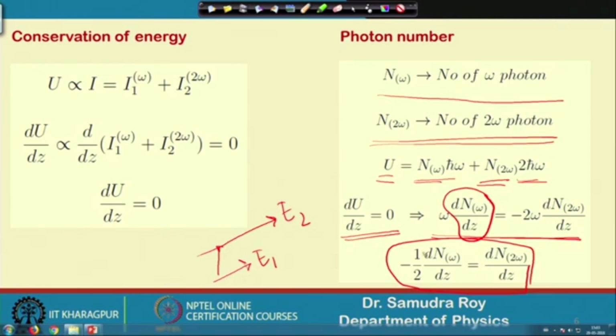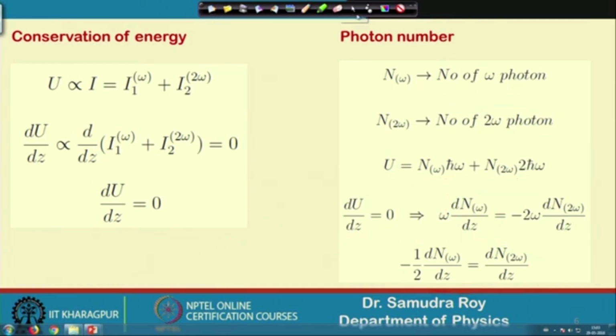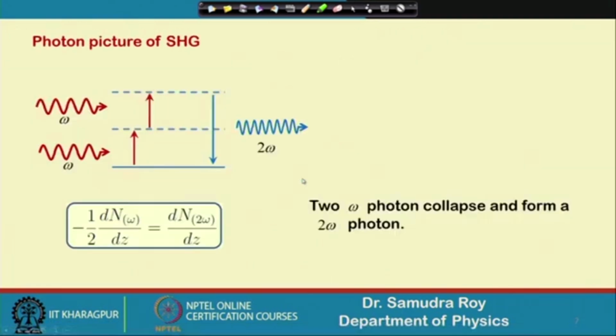So, this is the change in the number of photons for omega frequency, and we take half of that. The negative sign means it is reducing. The rate of gain of 2 omega photons is half of that, and that is true because 2 omega is generated from two omega photons.